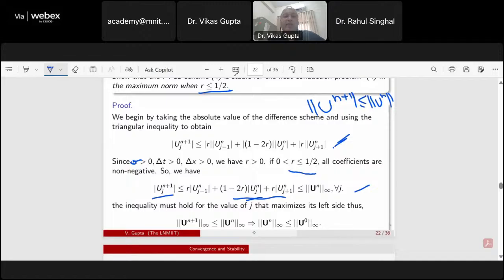And that implies norm of u^n infinity is less than or equal to norm of u^0 infinity by iteration. Am I right? Norm of u^n infinity is less than or equal to norm of u^(n-1) infinity, which is less than or equal to norm of u^(n-2) infinity, and so on. We are getting this result, which establishes the stability of the FTCS scheme for the heat conduction problem.